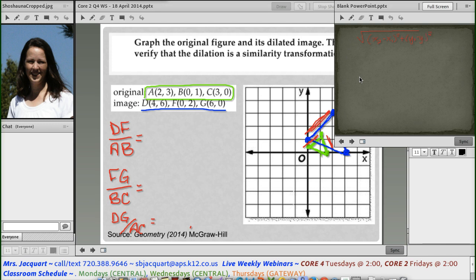That's how you find it. So let's find AB. We're going to have to find BC. We're going to find AC. We also want to find DF, FG.